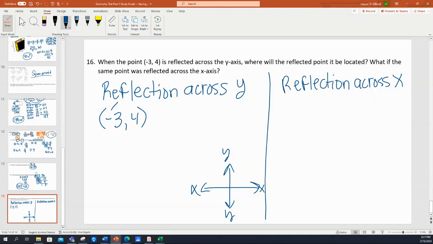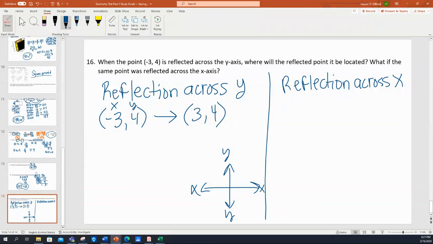You know that x comes first and y comes second. Whenever you're reflecting across the y-axis, your y value stays the same. So that's always going to stay 4. But our x value is going to change to its opposite, or its additive inverse. So if it was -3 here, it's now going to become +3.